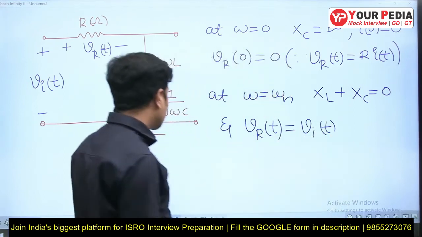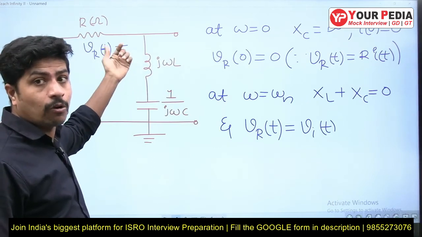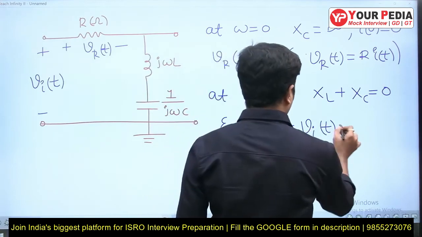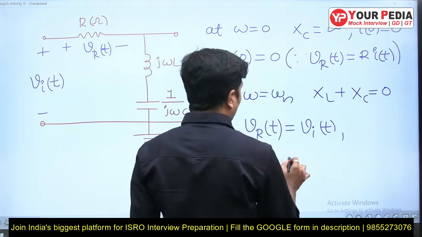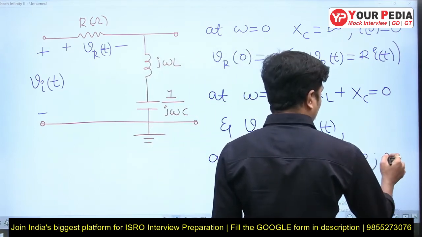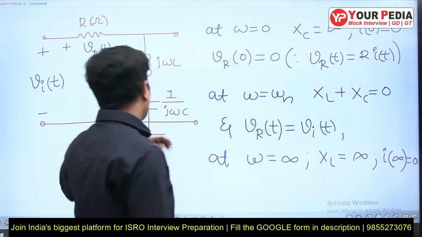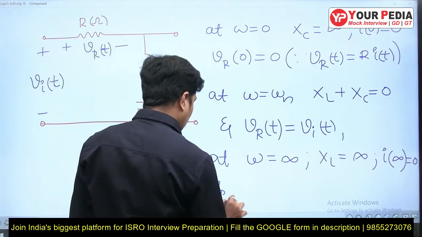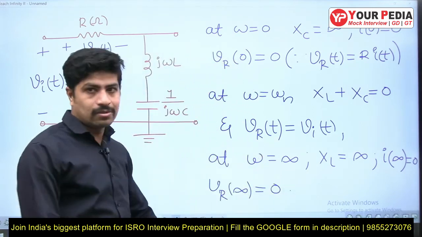Because this particular part behaves as a short circuit, therefore the entire voltage drops across the resistance. At omega equal to infinite, XL is equal to infinite, which implies I of infinite will be 0. Why? Because it behaves as an open circuit, therefore current is 0. Again Vr of infinite is equal to 0 since current is 0.